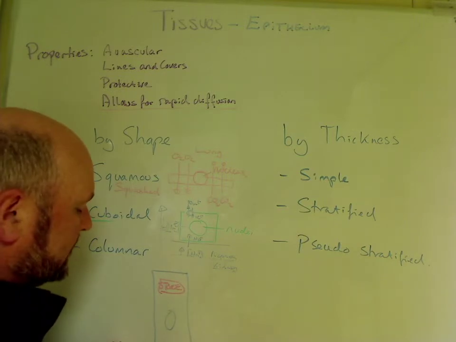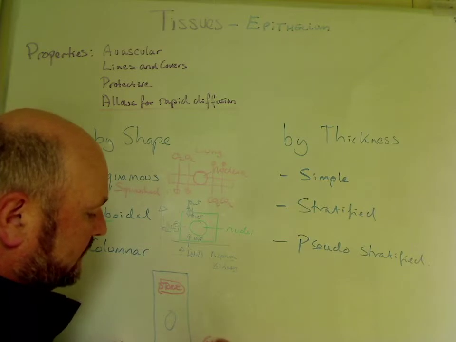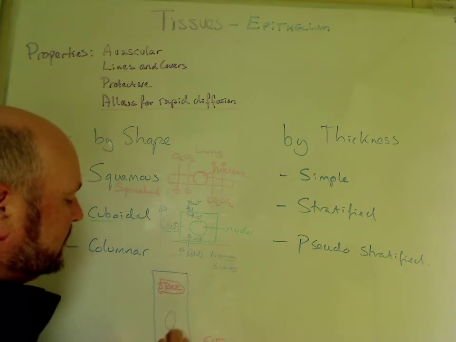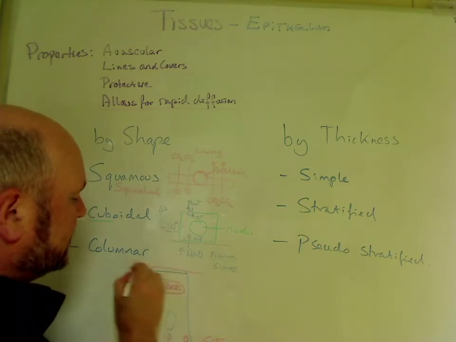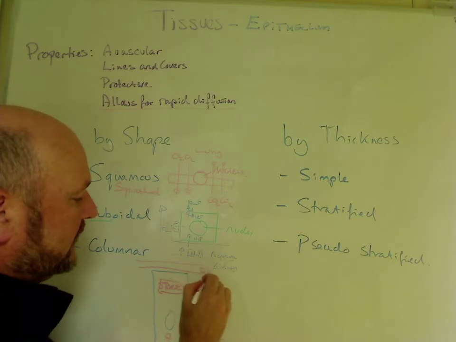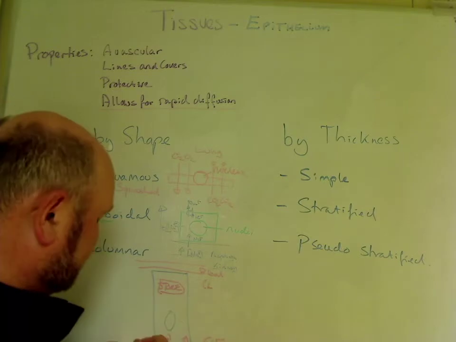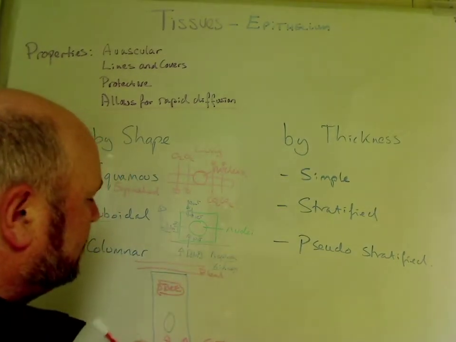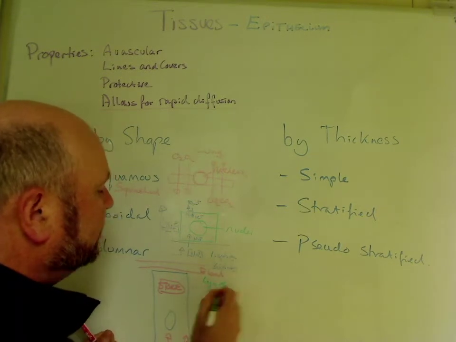So if this is the gut, and you've got to bring in nutrient, it's got to get through this cell and get to the other side of the cell where we have the blood supply and also the lymph vessels.